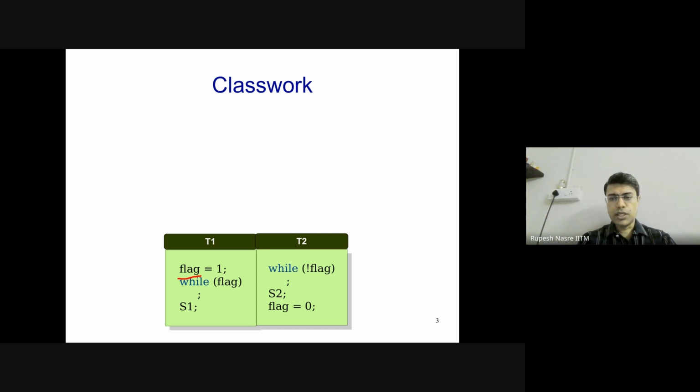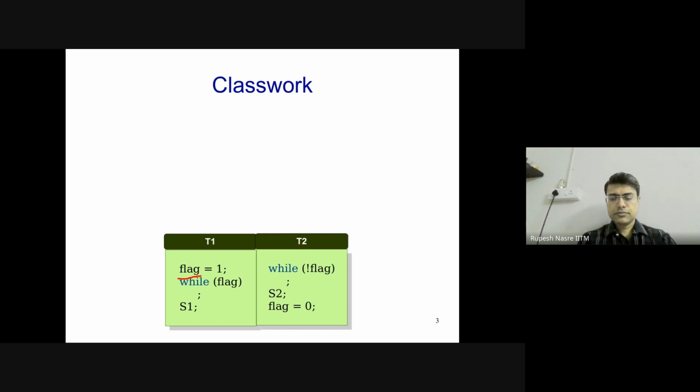The flag has become 1. If flag has become 1, then that flag equal to 1 is either coming from the initial value or T1 has executed that. Irrespective of what happens, T1 cannot go outside the while. Does that seem reasonable?